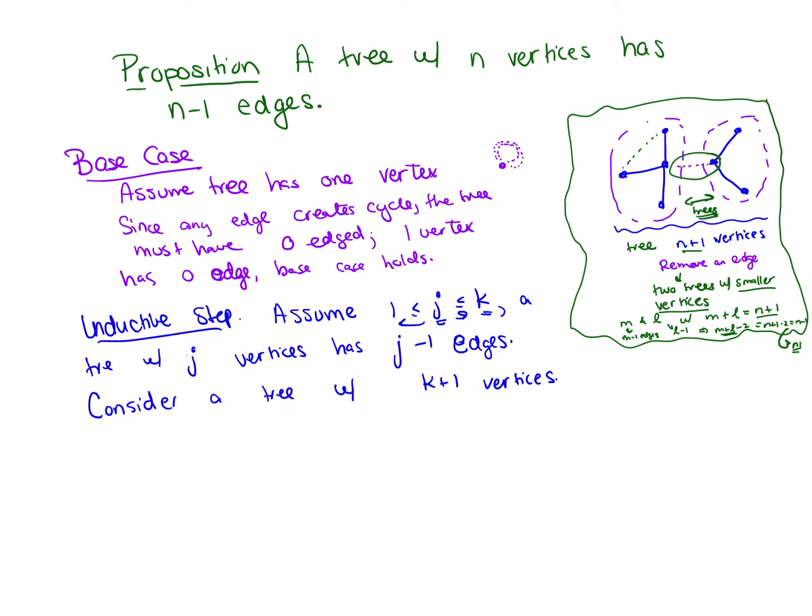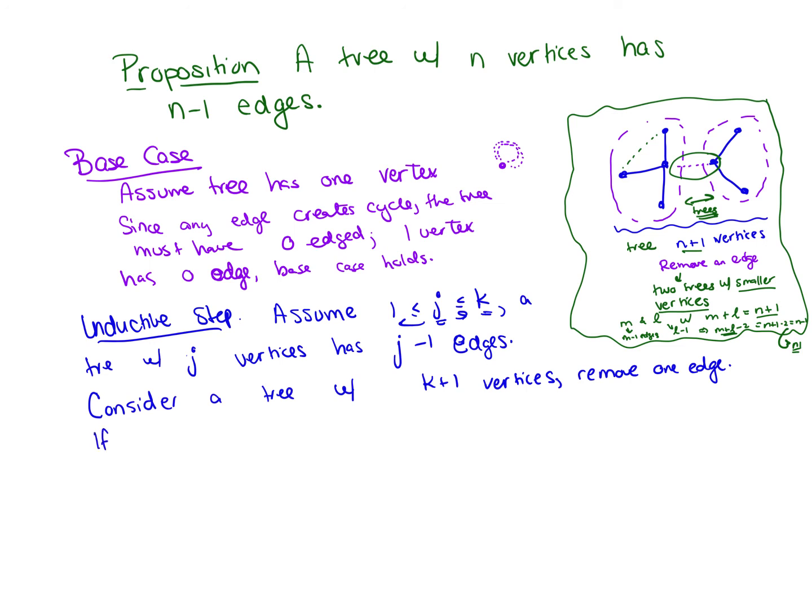I know it has some edges because if it didn't have any edges, then it would be disconnected. So I can remove one of those edges. When I remove one edge, then I must have 2 disconnected components. So we actually have to prove why that's true.